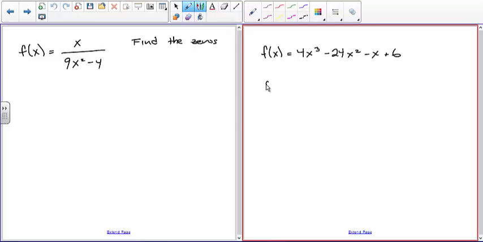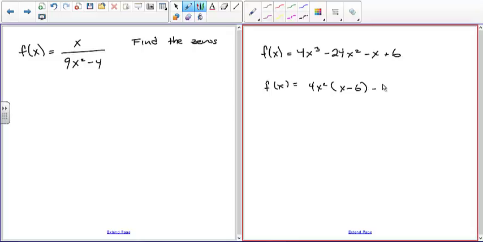And if you remember back, there was such a thing called factoring by grouping. So what we can do is take the first two terms, and you can factor out a 4 and an x squared. So you'd have 4 times x squared times x minus 6. And then you have these two terms, which you could factor out a -1.